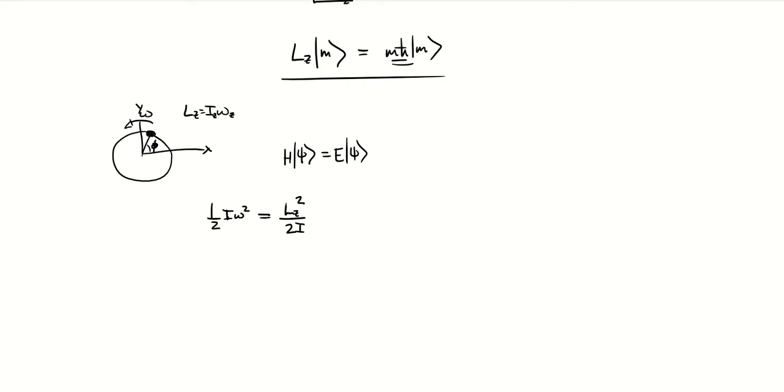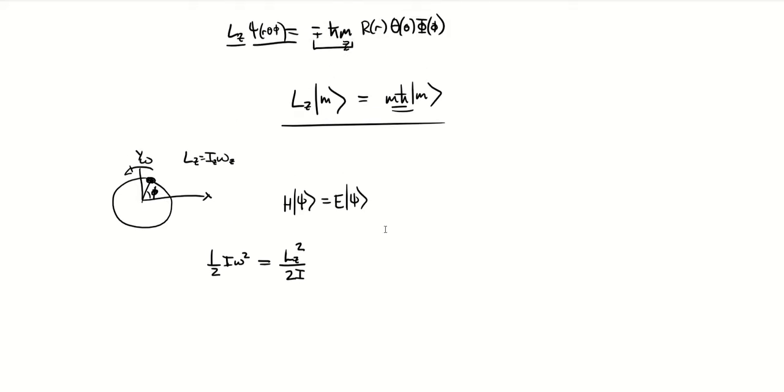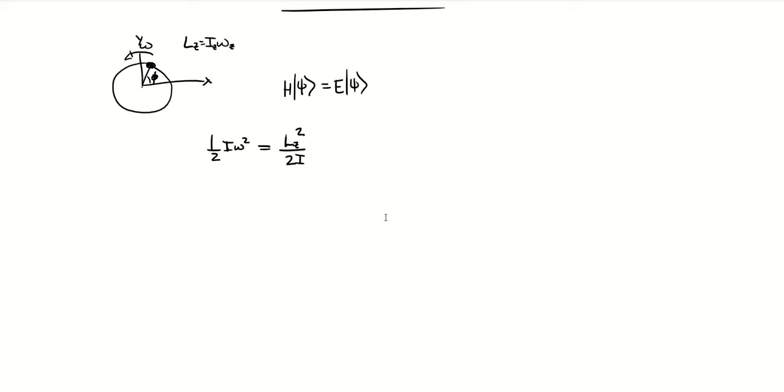We've just described, if we were looking at this quantum mechanically, this LZ operator. We just derived the eigenfunctions and everything for that. So if we wanted this Hamiltonian LZ squared over 2I, if we were to operate that on our wave function, this is just going to be m squared h bar squared over 2I times that wave function, where this wave function, again, we've made up this fictitious system just to explain this, that is essentially the hydrogen atom where all there is is that azimuthal part.